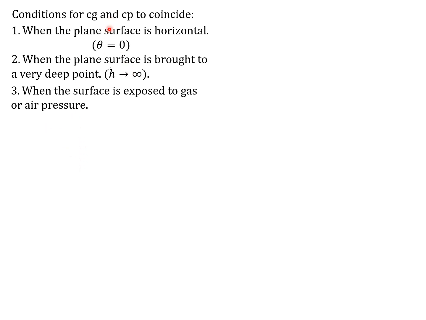That's the only case where CP will be above CG. In most practical situations, CP is always below CG along the plane of the area, a distance equal to E, and we already derived E.